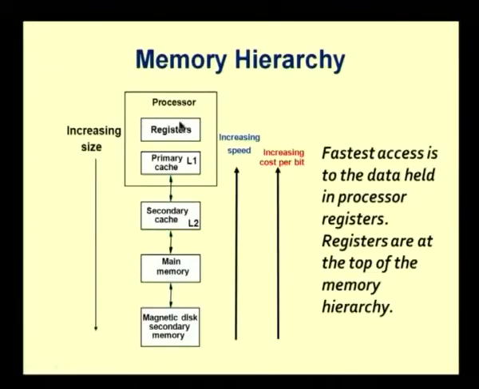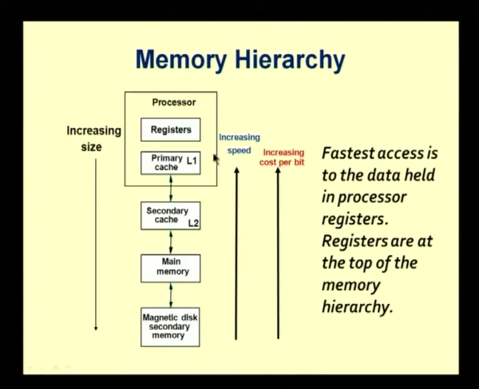So, the total amount of memory that we have in terms of registers as such is normally small. As we go from registers to magnetic disk, the size will increase. Registers are small units of memory, and then caches are slightly larger than that. Secondary cache would be larger than that, main memory would obviously be much larger, and then magnetic disk will be very large.